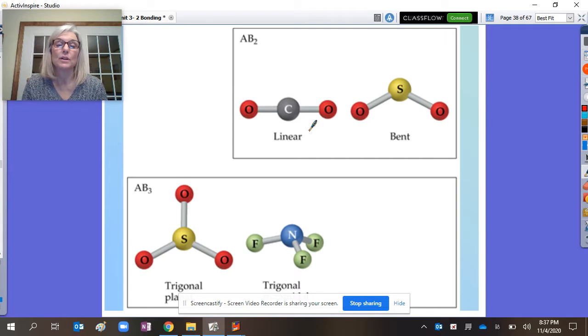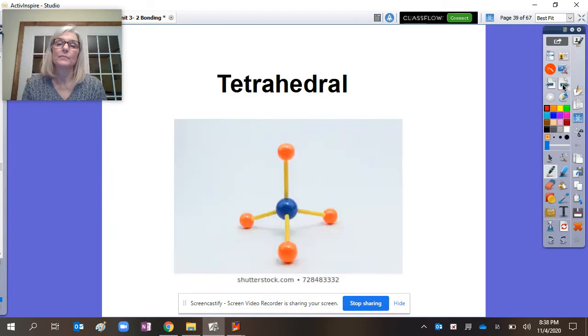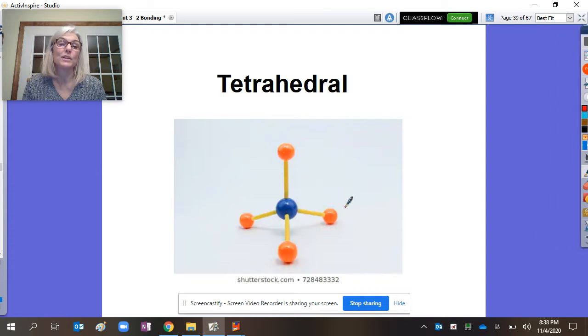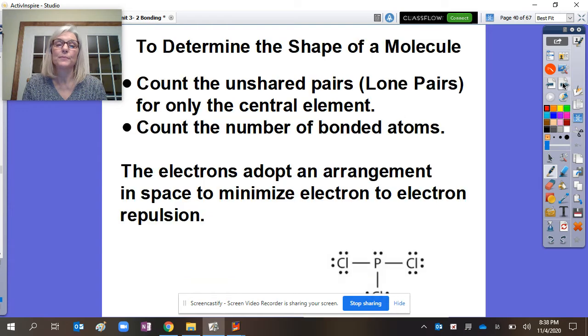I'm going to show you 3D in just a minute on some of them. This is linear, bent, trigonal planar, and then trigonal pyramidal or pyramid. And there's your tetrahedral. This is what a 3D would look like compared to the flat model.